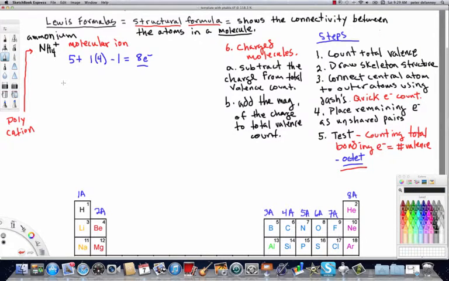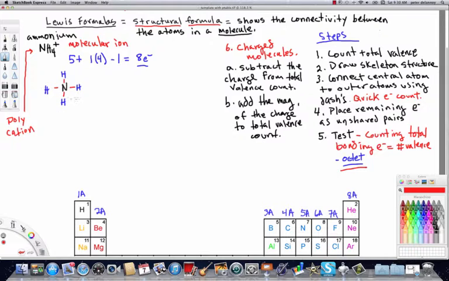Next step, we draw the skeletal structure. I'm just going to put the hydrogens around the N, following the steps. Next we connect everybody up.